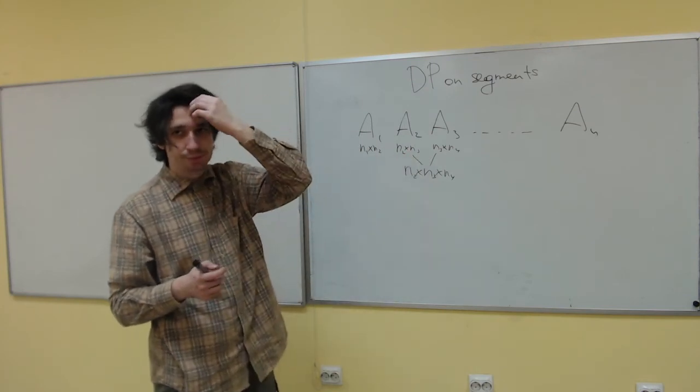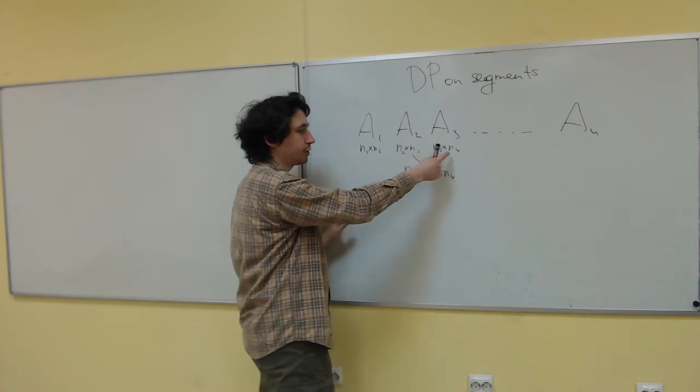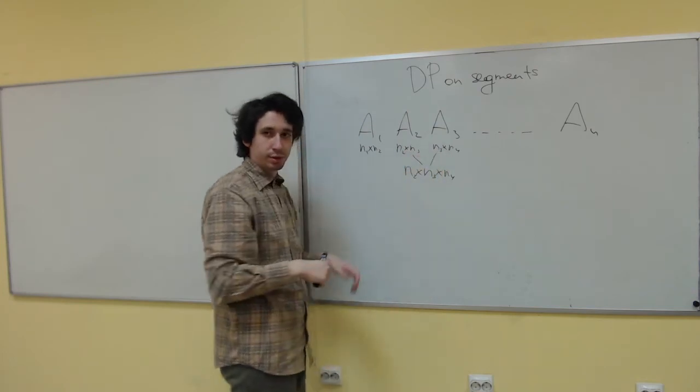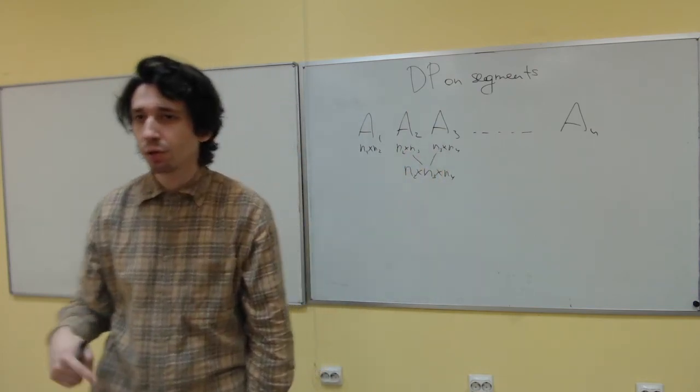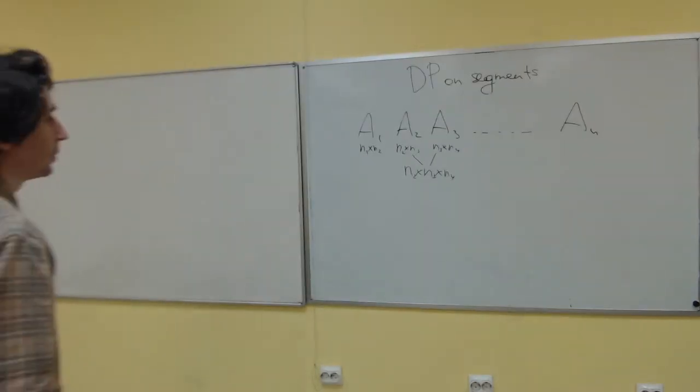You have three sizes here: n2, n3, and n4, and I think you know that the multiplication of these two matrices can be done in this number of operations.